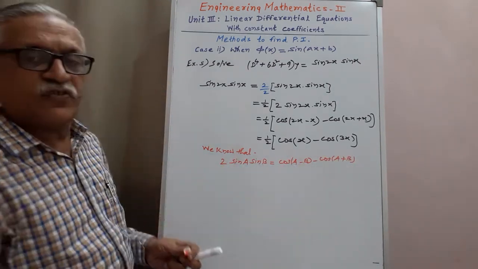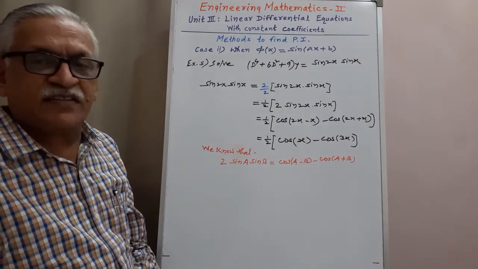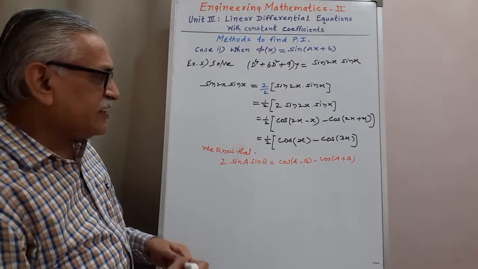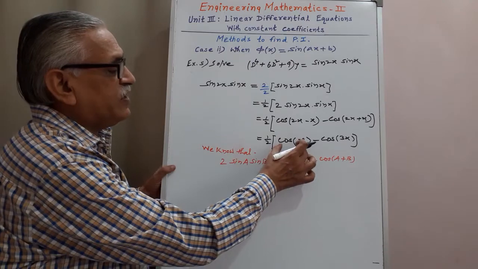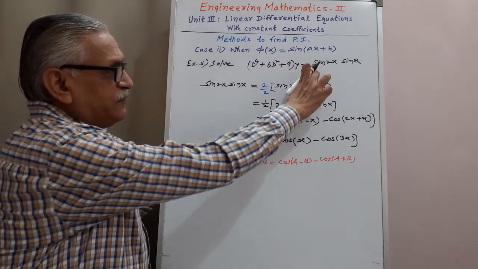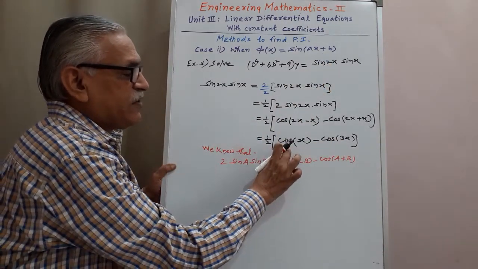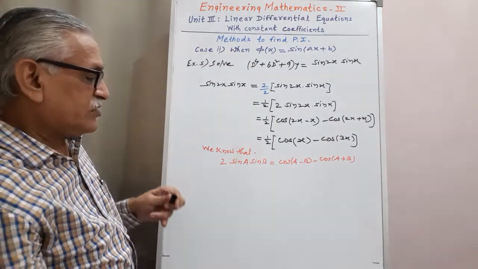Product we can convert into sum by that standard result from trigonometry, and therefore we are getting two terms. Means while finding PI, we have to find out PI1 and PI2.